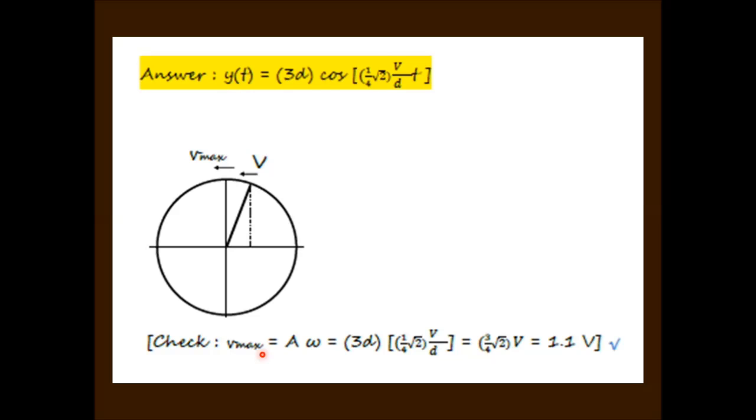So we can perform this check. Vmax is equal to A times omega. When we substitute our values for A and omega from the equation above, we obtain the following value for Vmax. So once more we see that the velocity v is close to but not quite equal to Vmax.